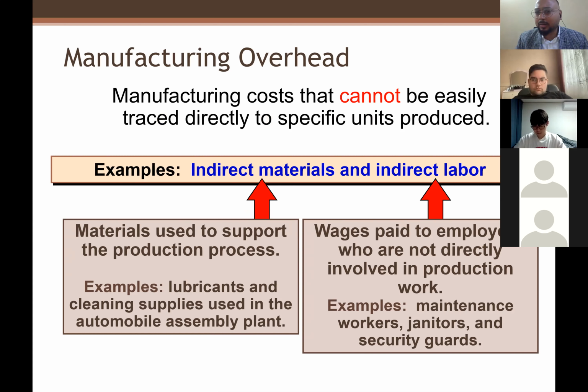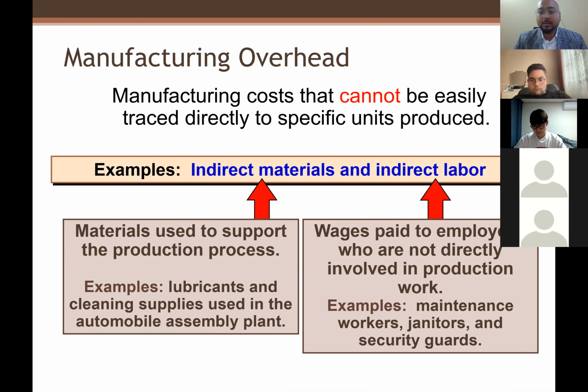So it's going to be very hard. So you calculated that, okay, one thread reel total bundle is like $10. So, okay, how much thread is used? We don't know. We just have to make some kind of calculation. Okay, half a reel is like that. So it's going to be quite annoying and not easily traceable, right? So in that case, we can say that this is indirect material.